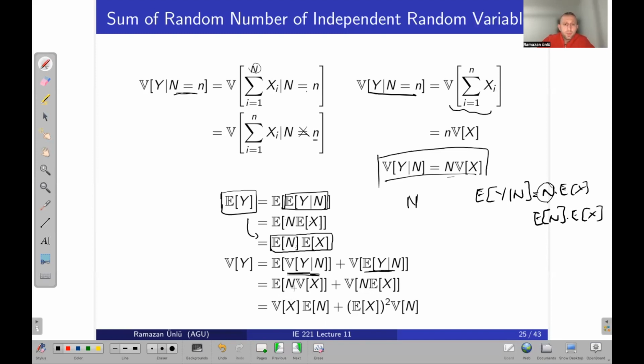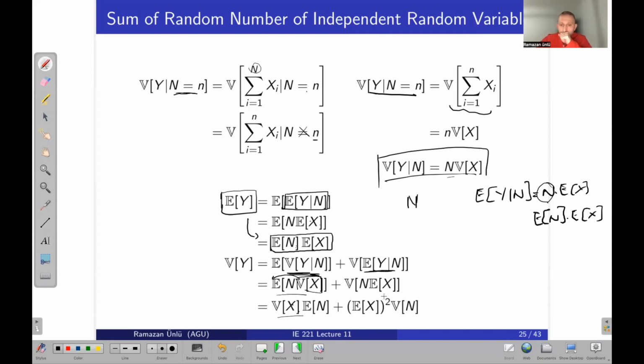Here the variance of X is a constant and will not affect the result, so it can go outside the expectation, and I can rewrite this part as the variance of X times the expected value of N. So this first part will be the variance of X times the expected value of N, plus let's look at the second part, which is the variance of N times the expected value of X.